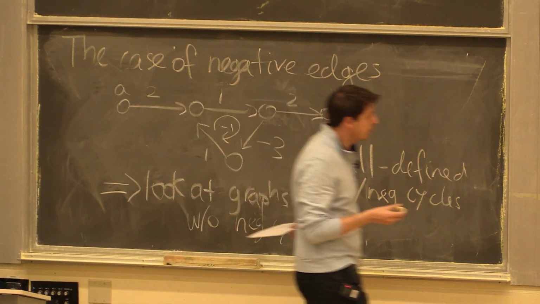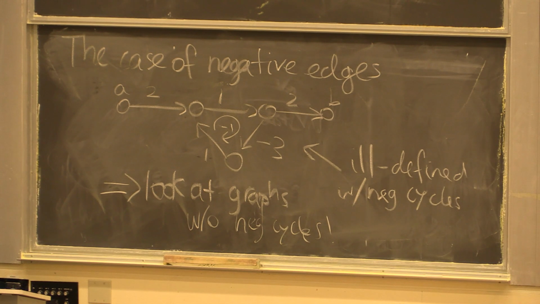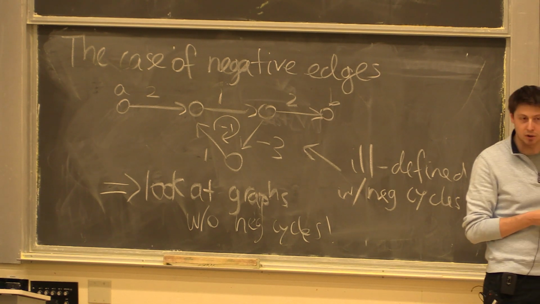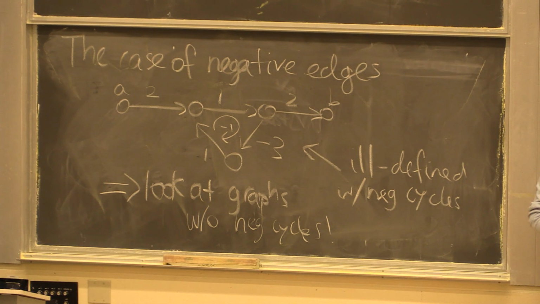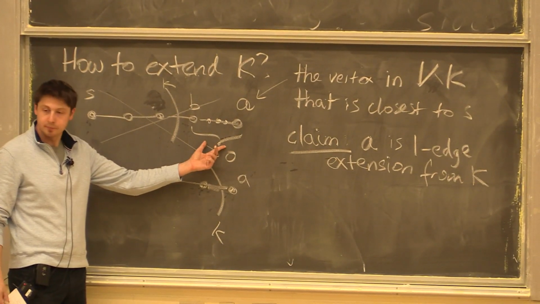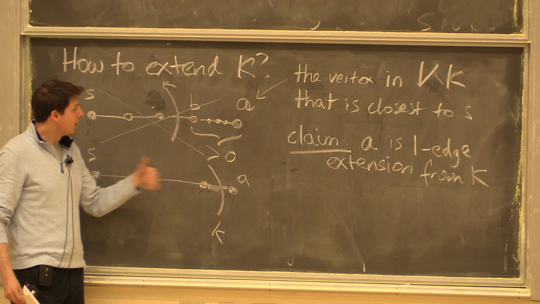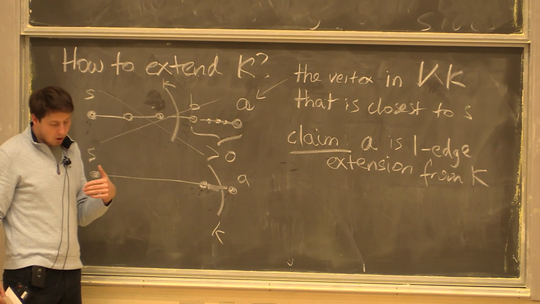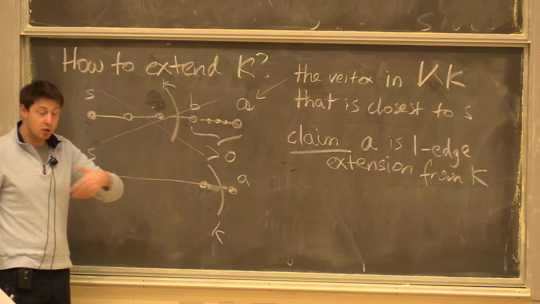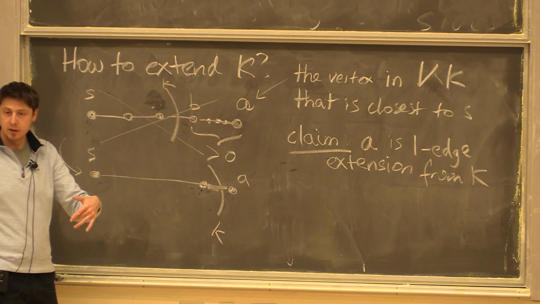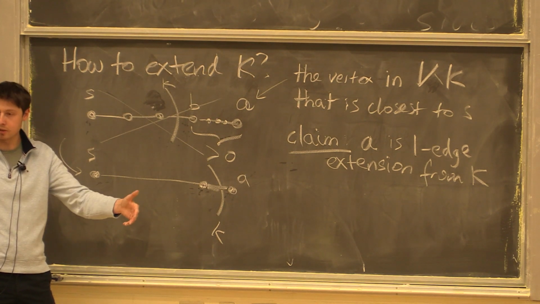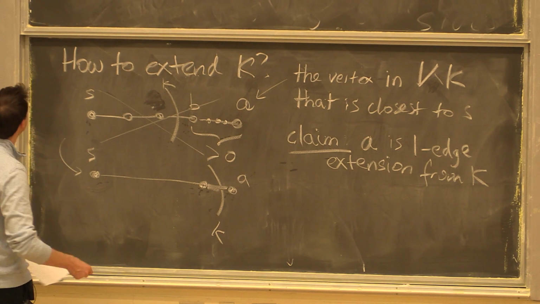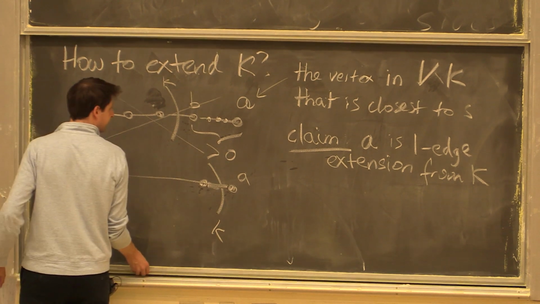We had this argument that I know how to pick the next vertex to increase my known region because I could argue that it is a one-edge extension. And that argument relied on the fact that on a shortest path, intermediate nodes are closer to the start vertex than the end of the shortest path. That's not true anymore.